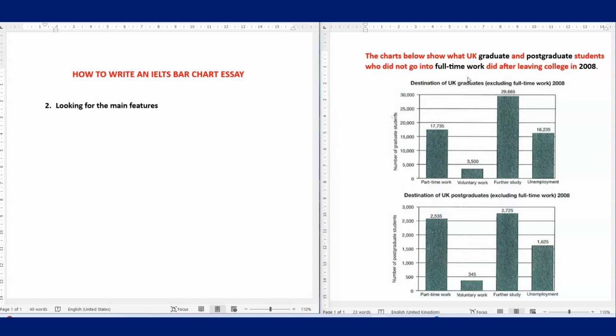If you have no idea what I'm talking about concerning dynamic and static graphs, you have to visit our previous lessons on how to get the main features. So we need to check whether our graph is dynamic or static. If it's a dynamic graph, that means the chart has a timeline giving data from several different points in time.